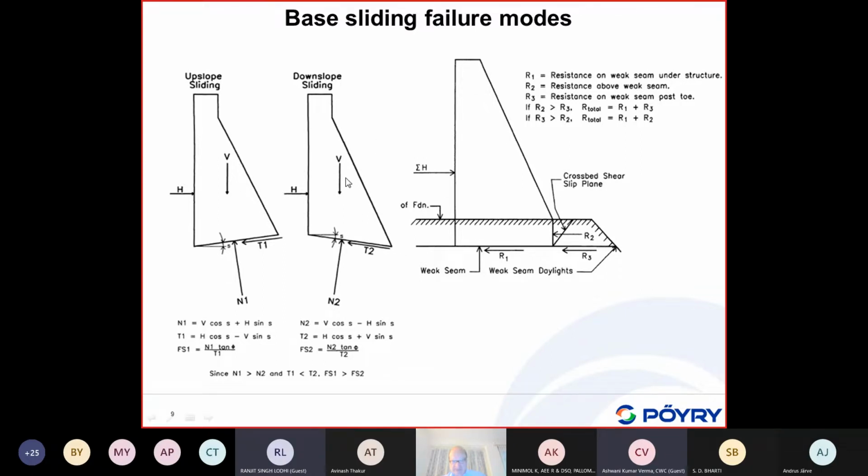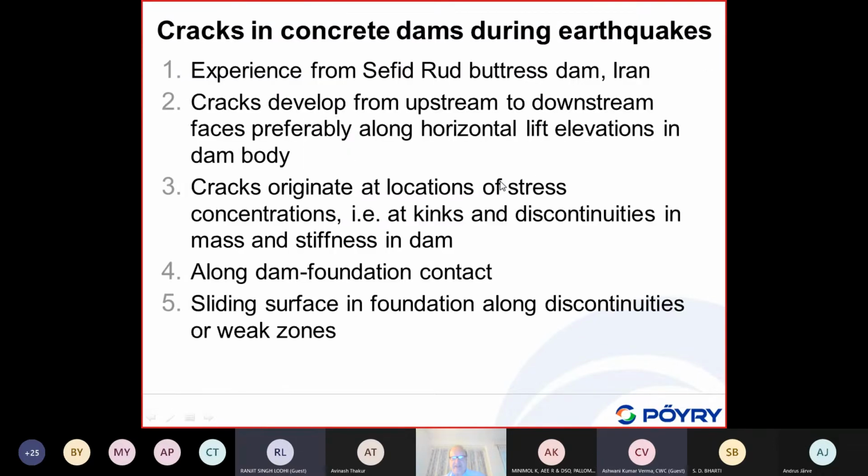So you would have to look into these possible failure modes. These I would call global failure modes, which are used in a static analysis. And of course, in a dynamic analysis, you must also look into them. But in addition, you also have to look into other failure modes, which I'm explaining here.